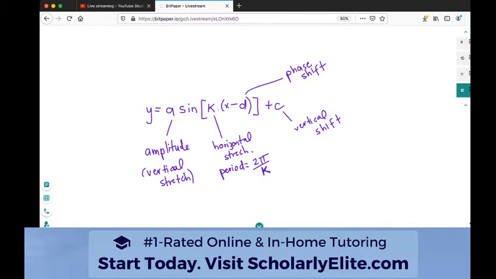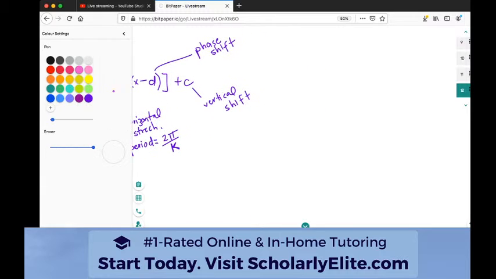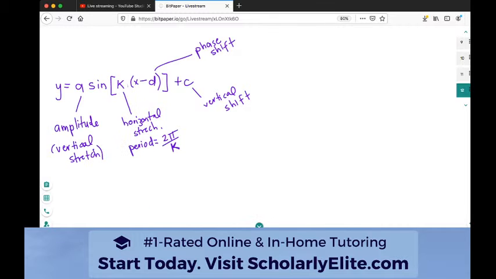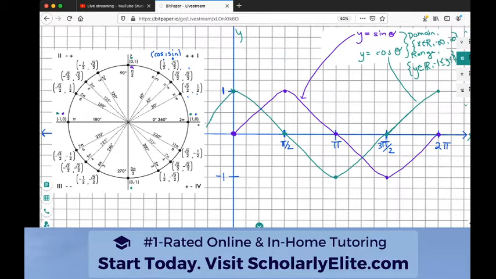So a couple of key things I need you guys to write down. There are some ways that you can solve for all of these things. If we look back here, we can actually solve everything. Now, obviously here we just had y equals sine theta, y equals cos theta. But that's the same thing as saying y equals 1 as a plus 0 as c.